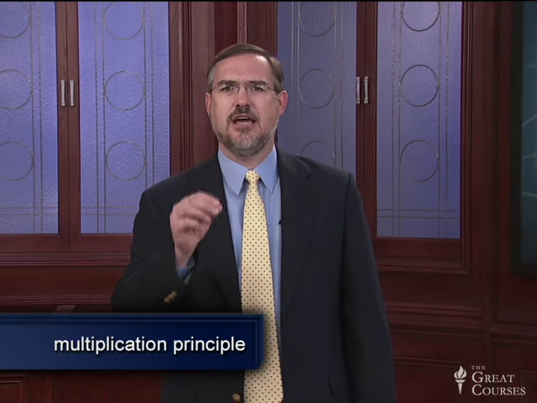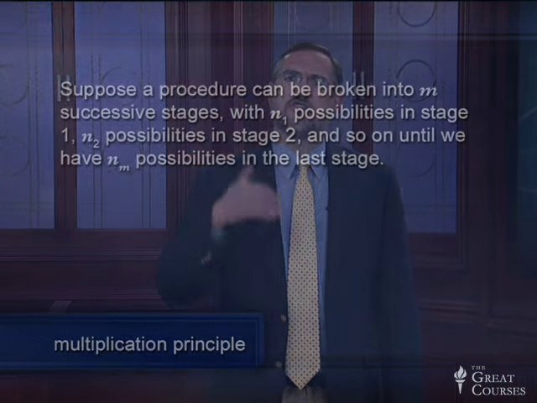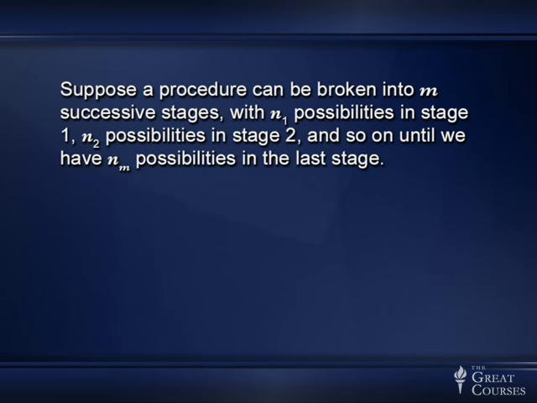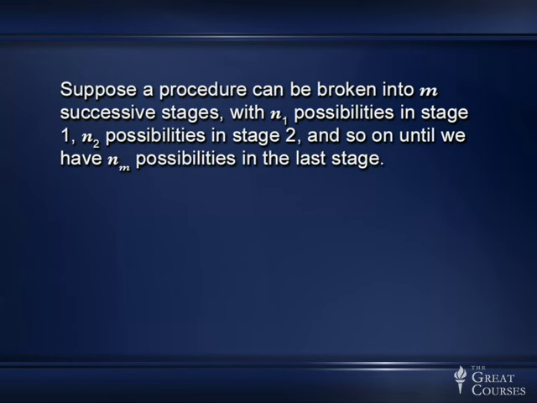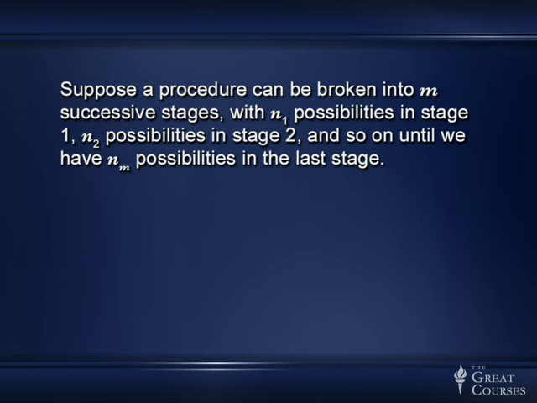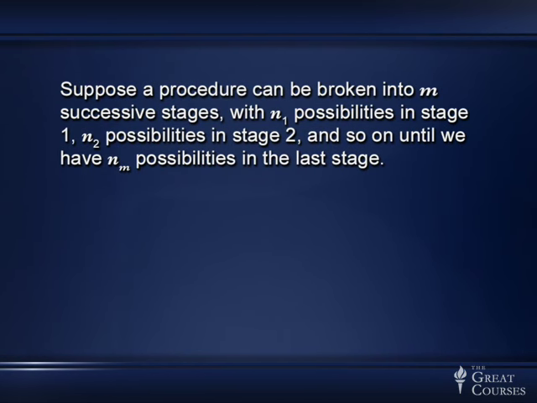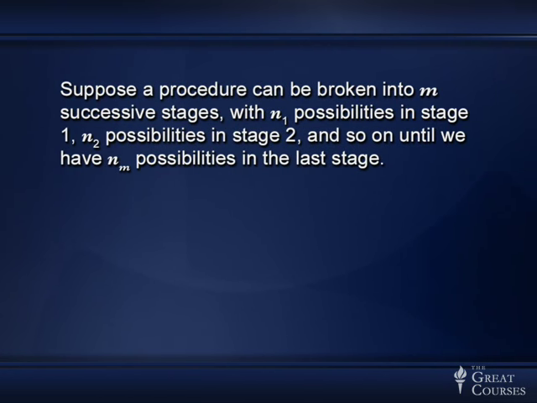The multiplication principle says this. Suppose you have a procedure that can be broken into m successive stages, and the first stage has n1 different possibilities for it, and the second stage has n2 possibilities, and so on, until the last stage has what we might call n sub m different possibilities for that last stage.